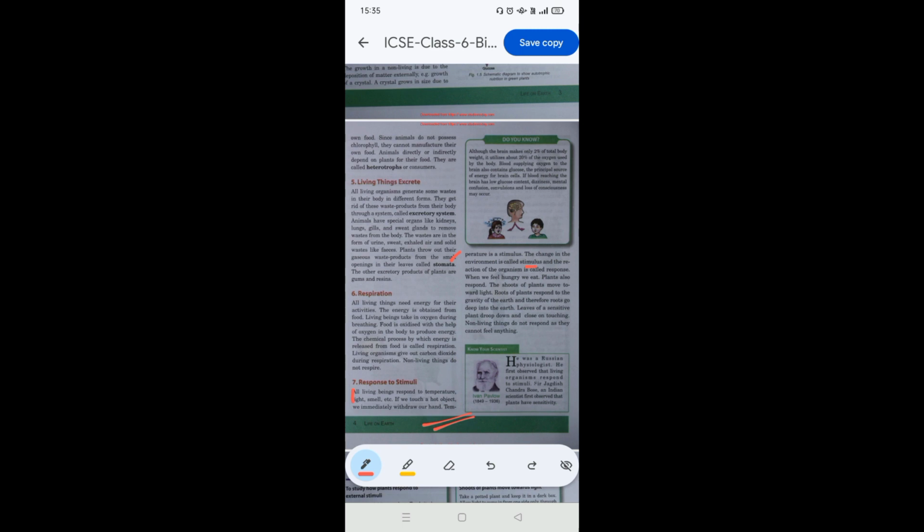When we feel hungry, we eat. Plants also respond. For example, the shoots of the plants move towards light, whereas the roots of the plant respond to the gravity of the earth and therefore go deep into the earth.